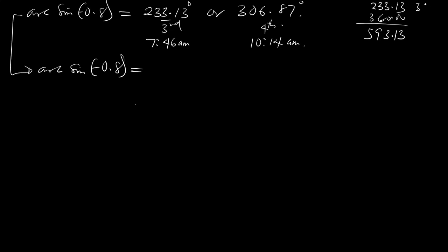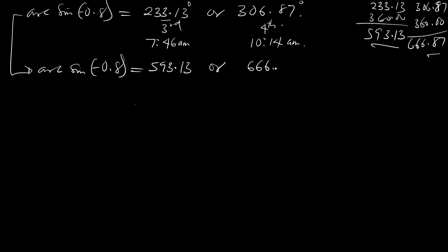If you add 360 to 306.87, you have 666.87. So the next angles at which this depth will still occur are 593.13 or 666.87.